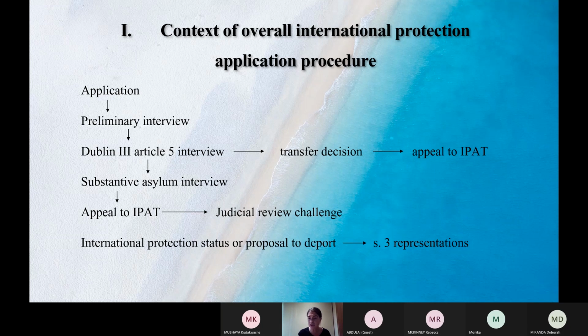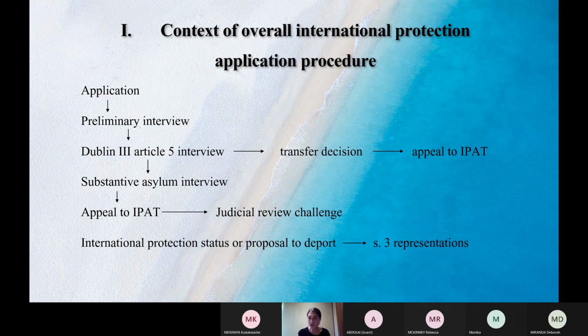That doesn't take place all the time in every situation, only when there's some evidence to suggest that that person should be transferred to another member state. So that's the Article 5 interview. Following the Article 5 interview, either a transfer decision will be made or not, and if a transfer decision is made, the person can appeal to the International Protection Appeals Tribunal.